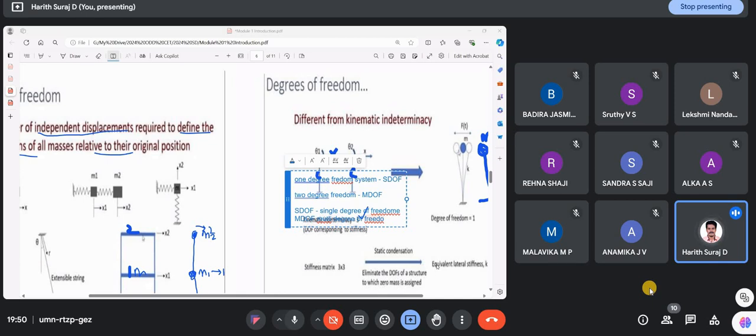Someone please be interactive, otherwise it will not be very easy. Please type, if you know that, you can type yes or no, or some response would be good. Have you heard about this term, static and kinematic indeterminacy, in structural analysis?